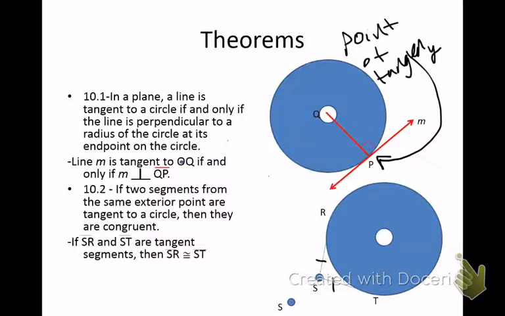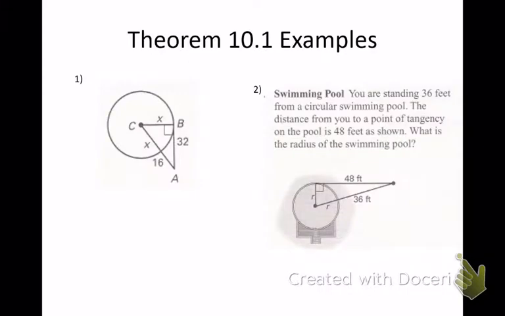So that's the point of tangency, abbreviated as POT. Okay, so insert your giggle here. But a point of tangency, so we'll talk about radii and tangents meeting at a point of tangency.